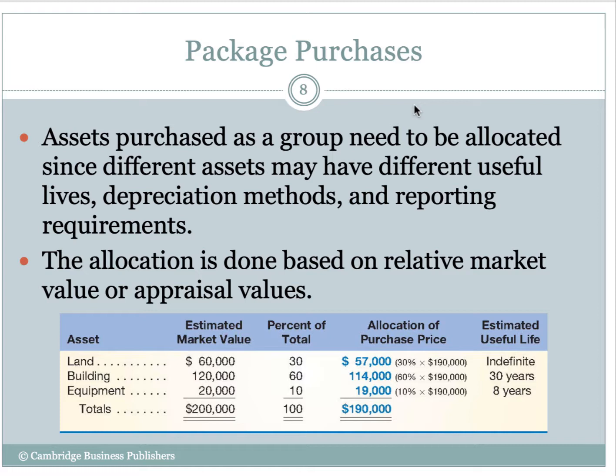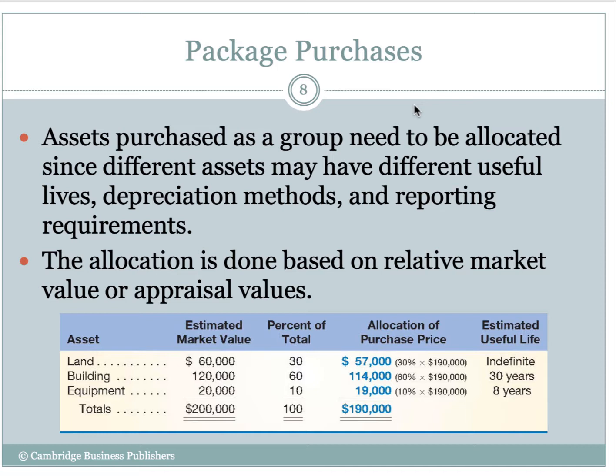What we need to do is say, okay, what percentage is each of these assets of the total market value? So we just take 60,000 divided by 200,000, we get 30%. Same thing with 120,000 divided by 200,000, that's 60%, and then 20,000 divided by 200,000, that is 10%.